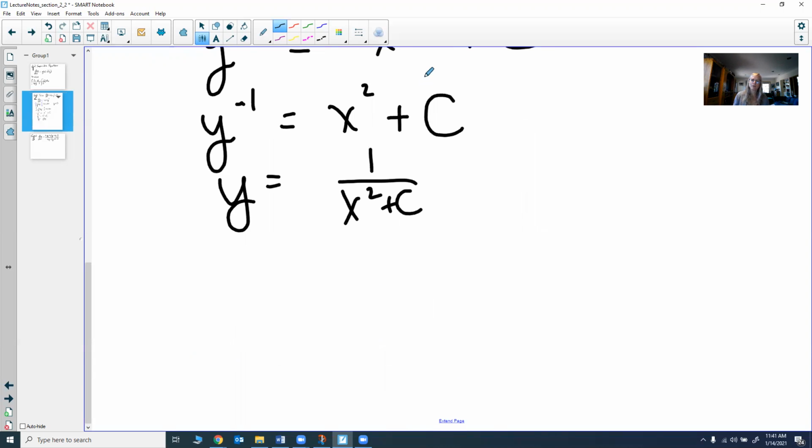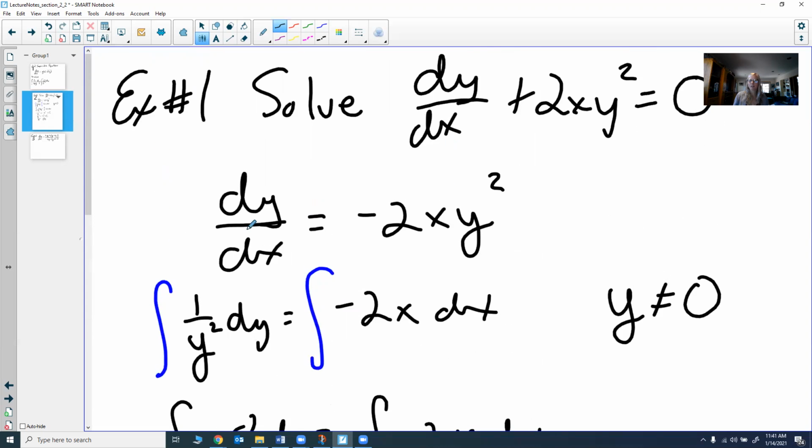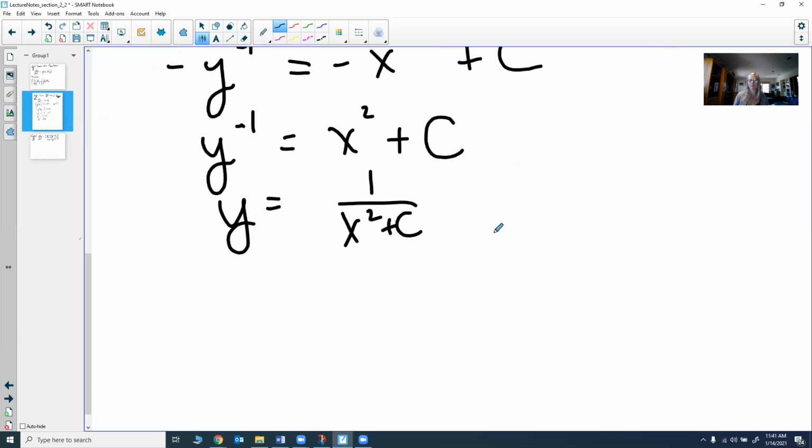But y equals 0 could be a solution to the differential equation. In fact, if I look at this differential equation, if y is 0, the derivative of 0 is 0, and y is 0, so you're going to get 0 equals 0. So we actually do get a solution of y equals 0, but you're never going to get it out of this solution here.